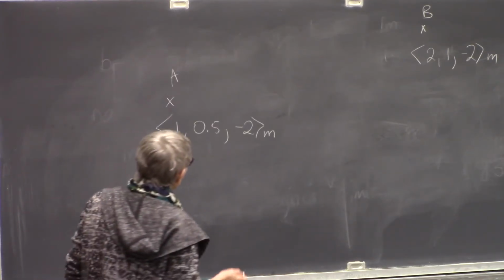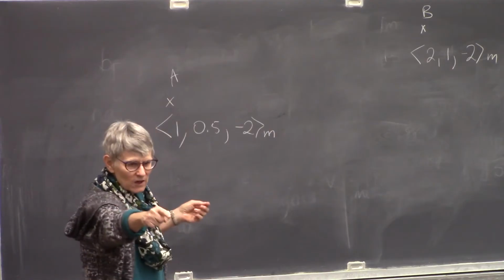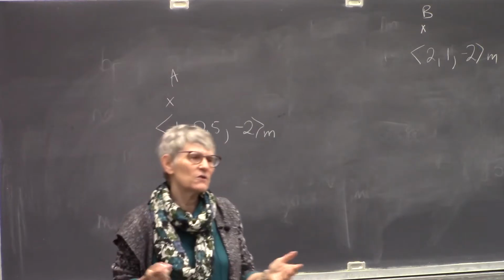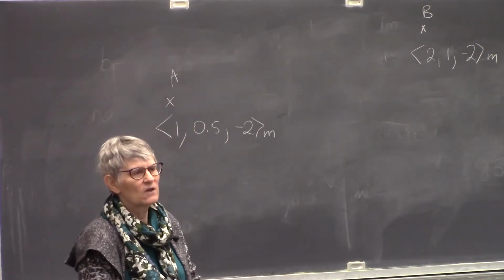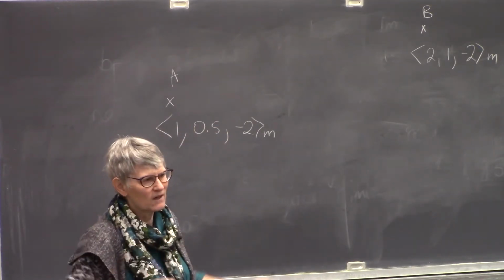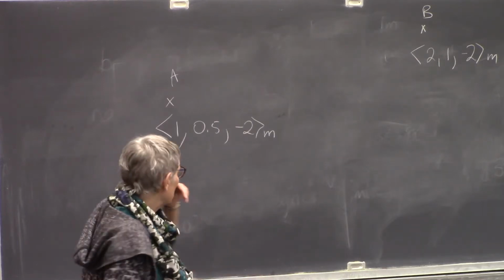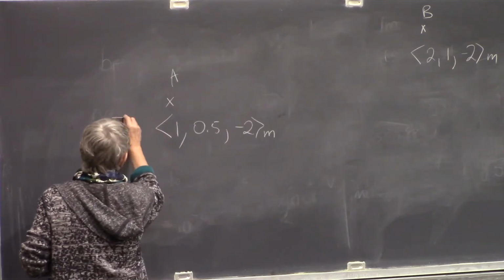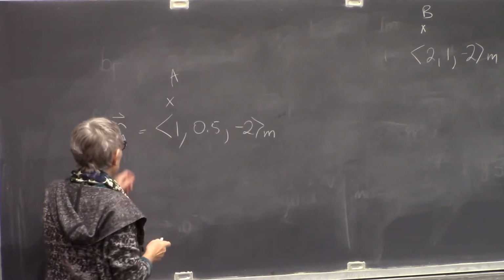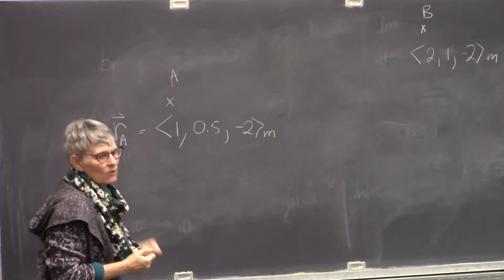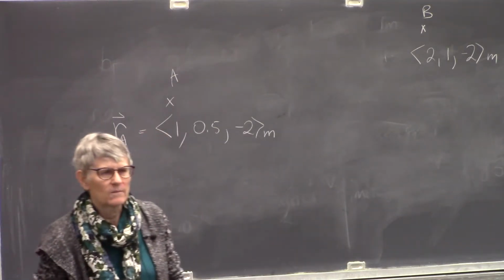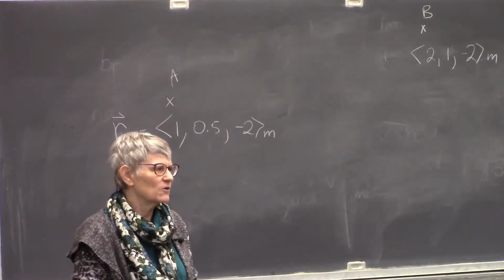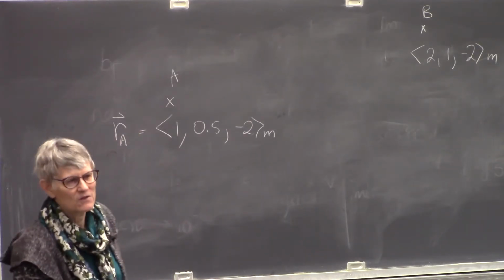So every vector has a direction, and the direction of these position vectors goes from the origin to the location on the board. It also has a magnitude, and the magnitude is basically the length of that vector, if we're talking about distance. And so if we call the vector pointing from the origin to this location r sub A, and we always write vectors with an arrow over them to show that they're vectors so that we don't get screwed up in our algebra and try to divide by them or something like that, which is not legal.